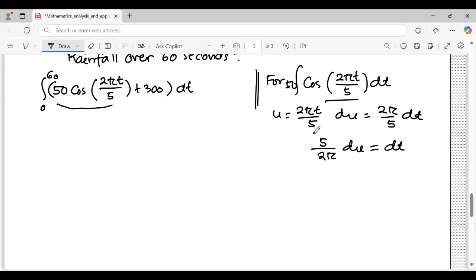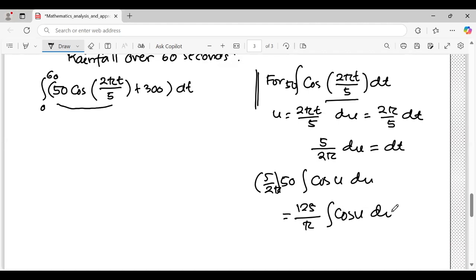So this integral we can write as 50 times the integral of cosine u du, but in front there is 5 over 2 pi, and 5 times 50 is 250 over 2, so 125 over pi times the integral of cosine u du. The integral of cosine u is sine u.